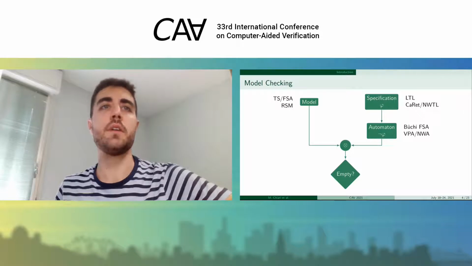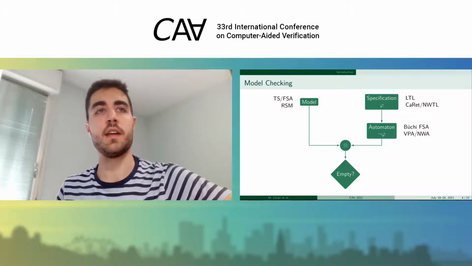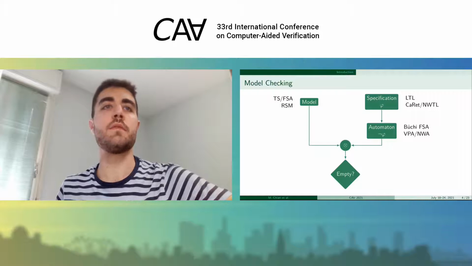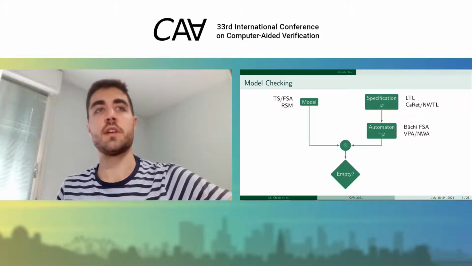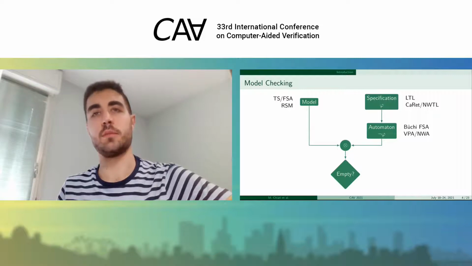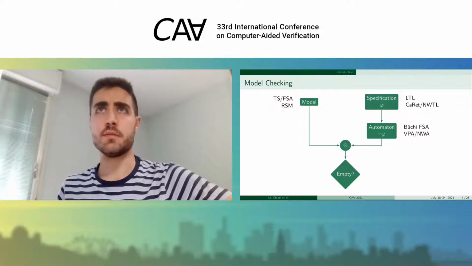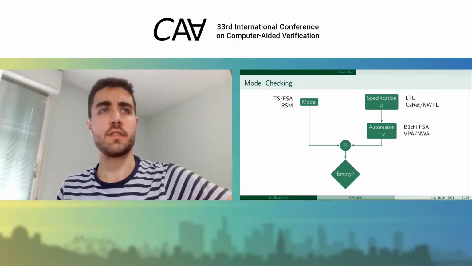In the literature, more expressive kinds of temporal logics have been introduced, often with the aim of verifying certain specific domains. For example, logics based on visibly pushdown languages such as CaRet and NWTL were introduced for model checking procedural programs. But what's the advantage of using these more expressive logics?